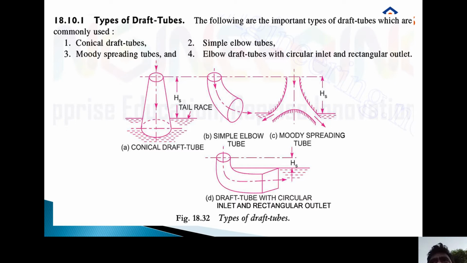Depending upon the shapes, we can classify them into these four types: conical draft tube, simple elbow, moody spreading, and draft tube with circular inlet and rectangular outlet. These are the most important draft tubes and figures.